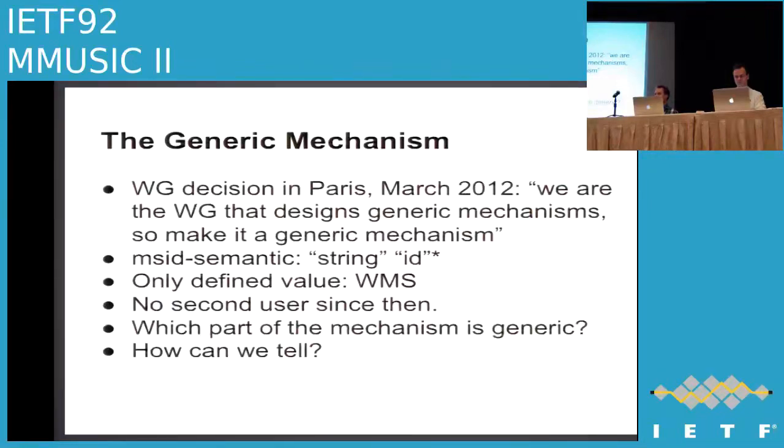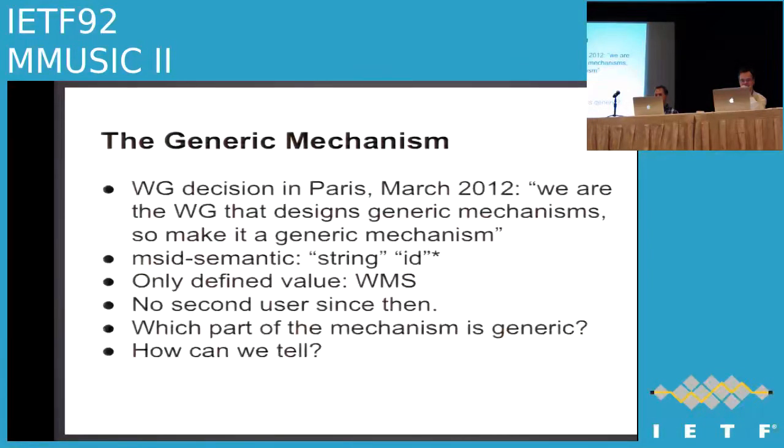So we have the MSID semantic field, which is an SDP session level field. I always have to remember that SDP sessions are not RTP sessions, are not W3C sessions. Yeah, remember what a session is. Anyway, I got an MSID semantic field that tells you which semantics apply to MSIDs in this particular SDP description.